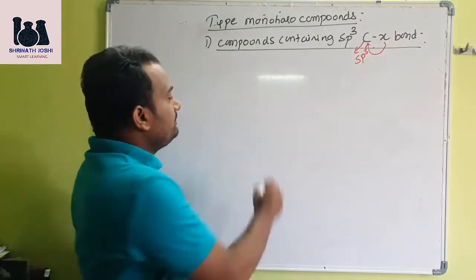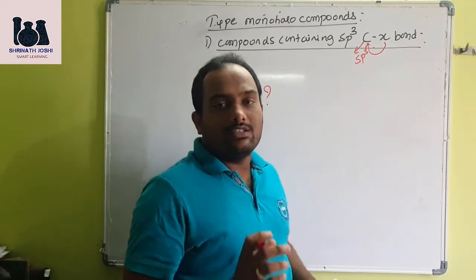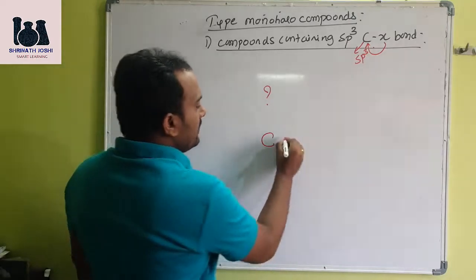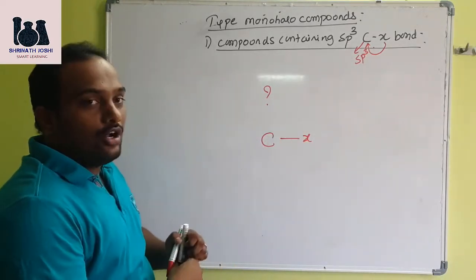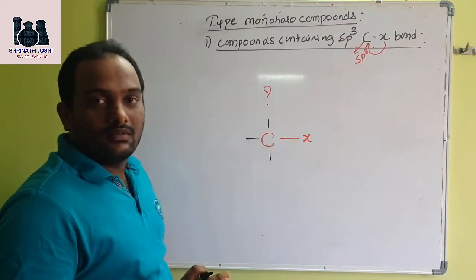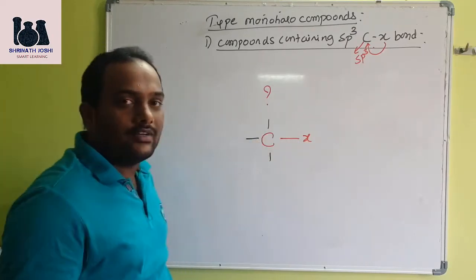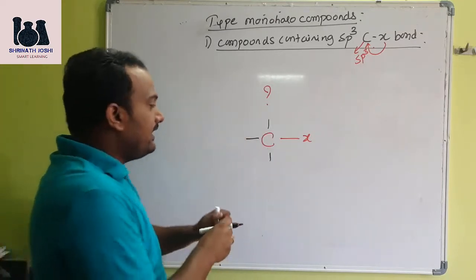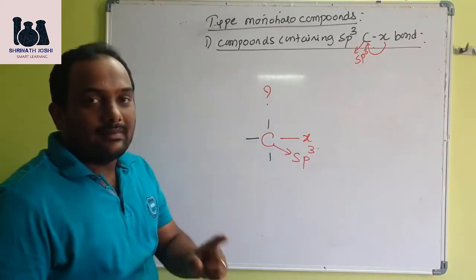The major difficulty in questions is how to identify whether that carbon is sp3 hybridized or not. A very simple concept. We have a carbon atom bonded to a halogen atom. This is the C-X bond, and if apart from the C-X bond, the other three bonds are all single bonds, since carbon valency is 4, then that carbon will undergo sp3 hybridization.